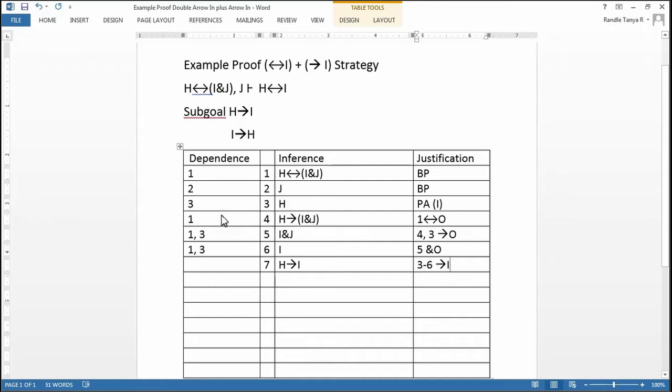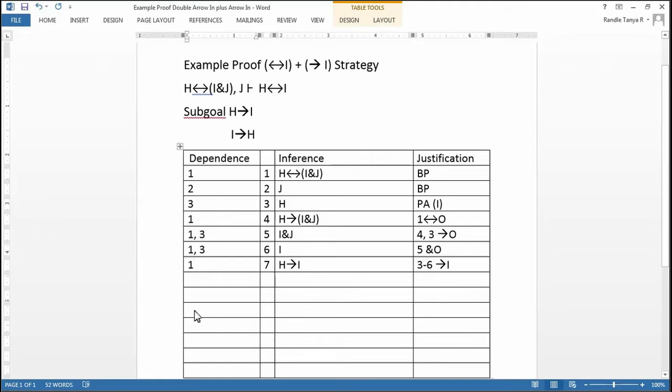Now lines 3 through 6 depended on lines 1 and 3, but line 3 is the provisional assumption that matches the antecedent of this conditional, and since arrow in rule eliminates dependence on the provisional assumption that matches the antecedent, I only depend here on line 1.